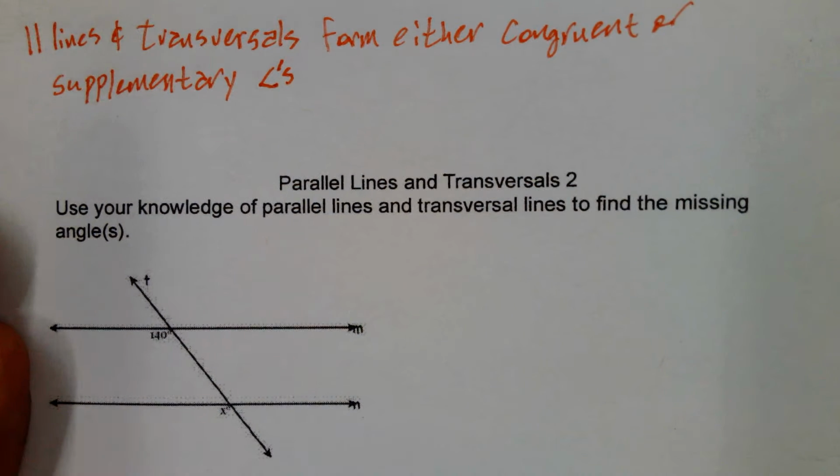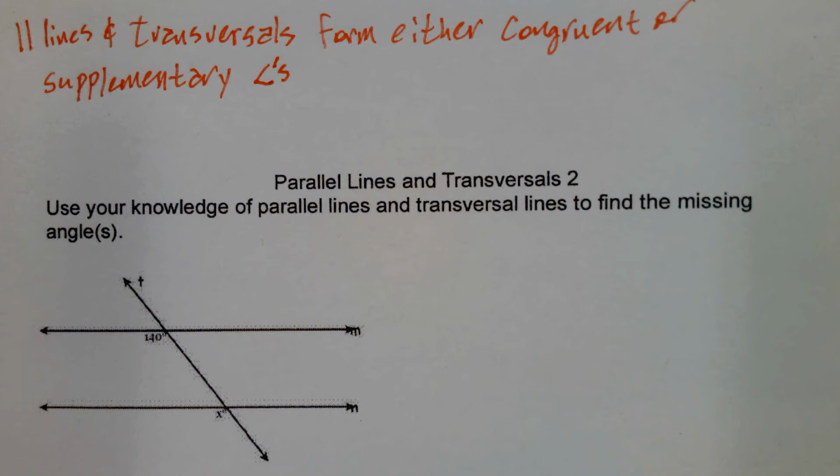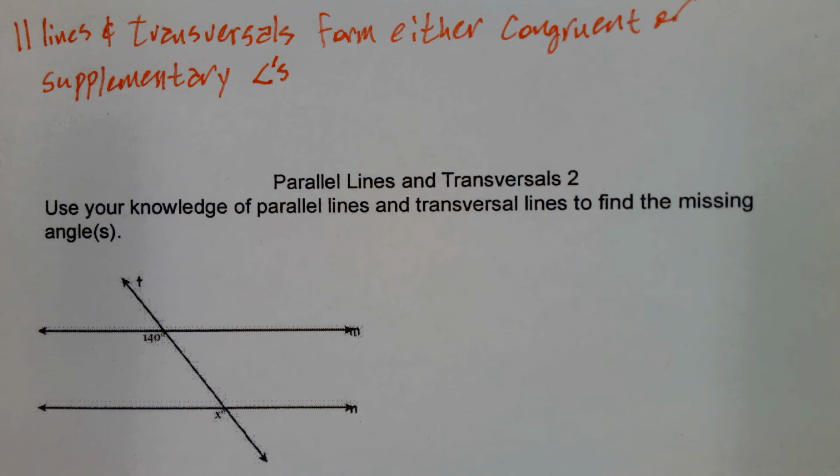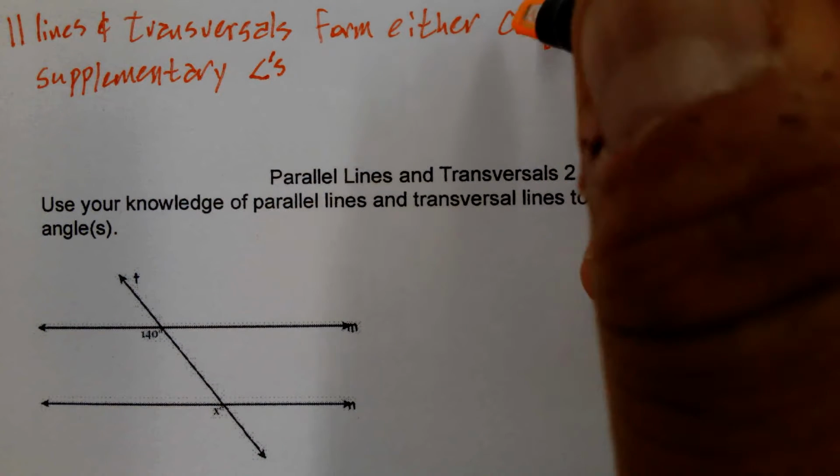And if you ever want to say angles without writing the word, just make a little angle with an apostrophe S. So I want to talk about this congruent or supplementary really quickly.